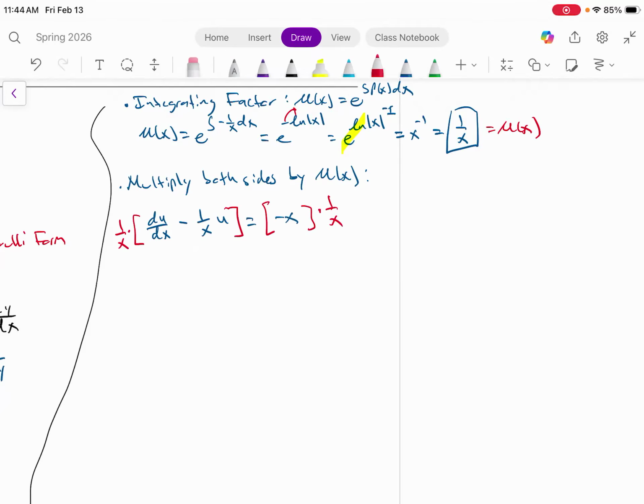Okay, so when we multiply this through, our right-hand side is just left with a -1 there. But what we get is 1 over x du over dx minus 1 over x squared u equals -1.